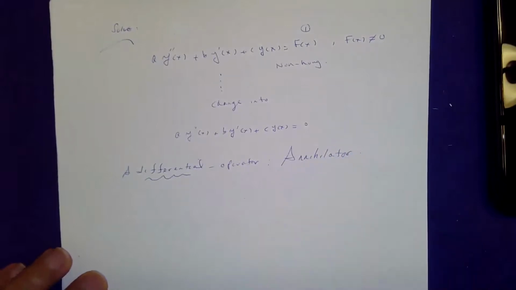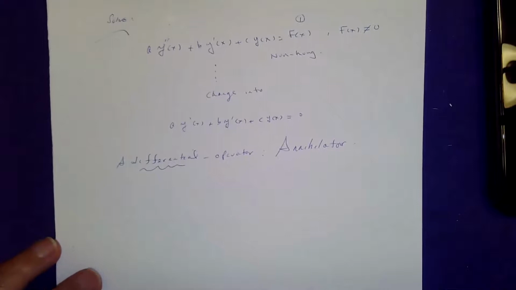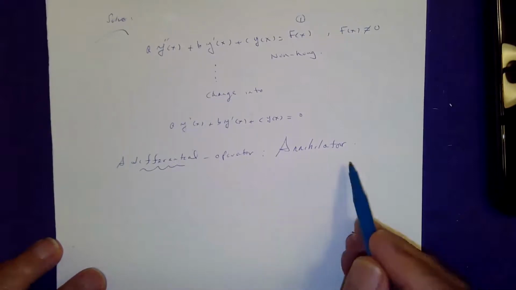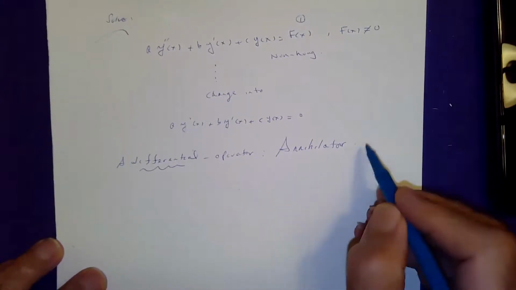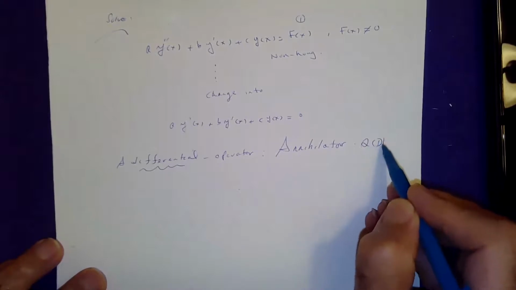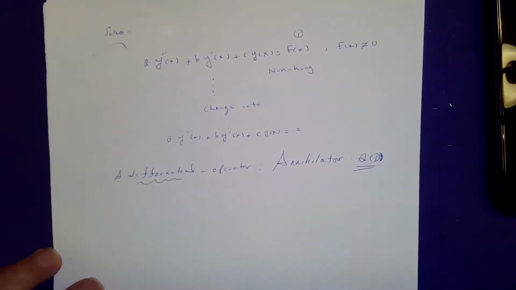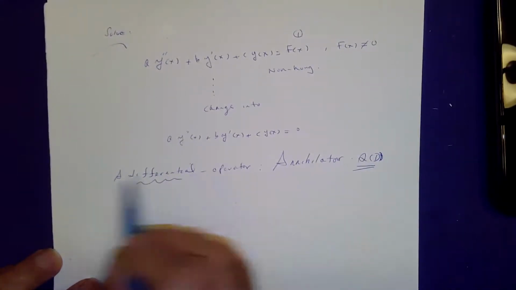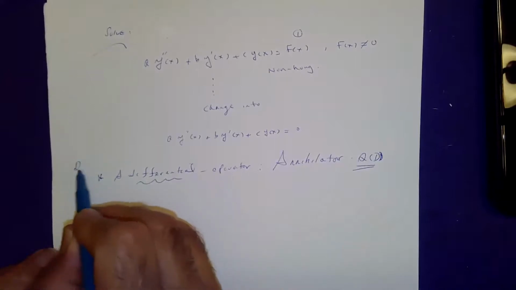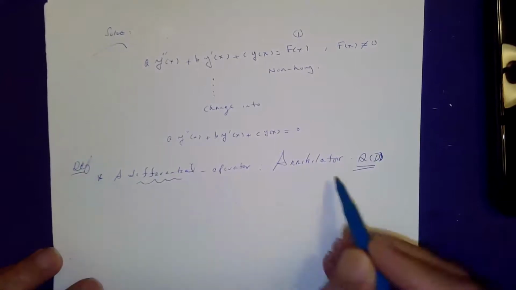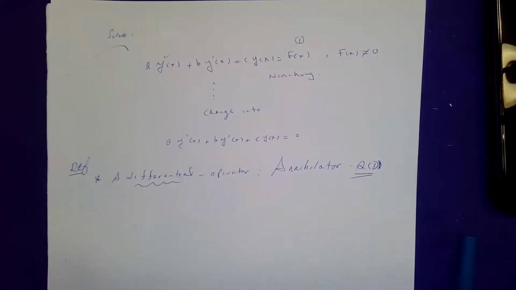Annihilator. Okay, sounds like Arnold's movie. Annihilator, destroyer. And it's denoted by Q of D. What is the job of this annihilator, which is a differential operator? So that's the definition of what is known as annihilator.